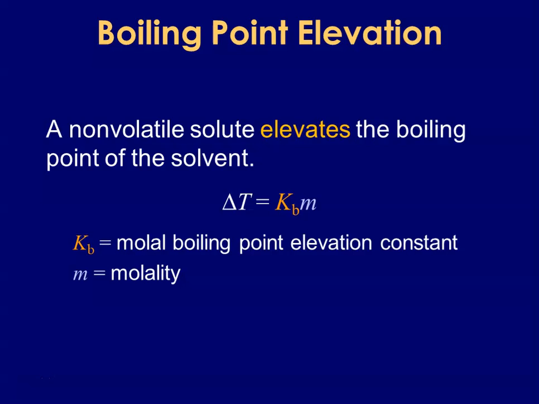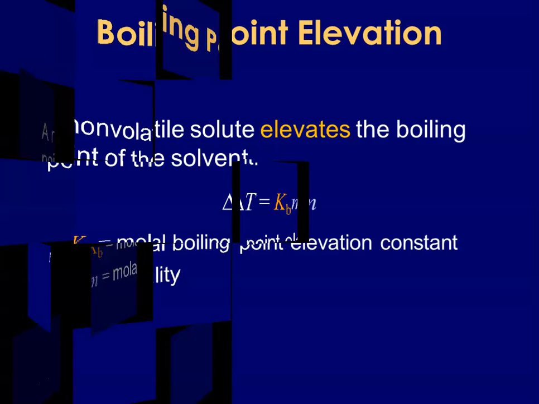And we can calculate what that temperature change is by taking the molal boiling point elevation constant and multiplying it by the molality of our solution. We use molality because molality is independent of temperature, and that's what we're trying to find out about: how do these particle amounts influence the temperature that this substance will boil at.